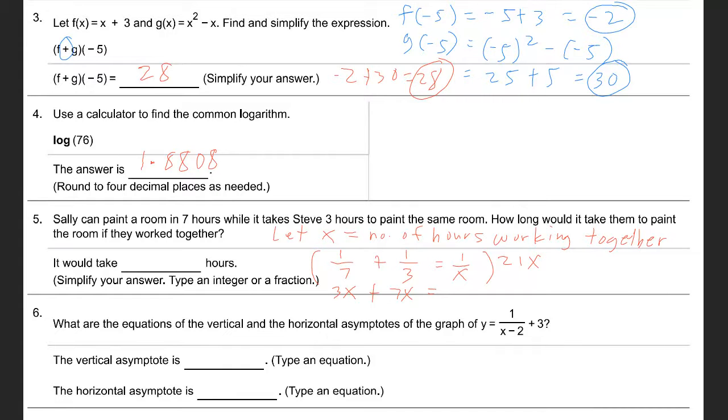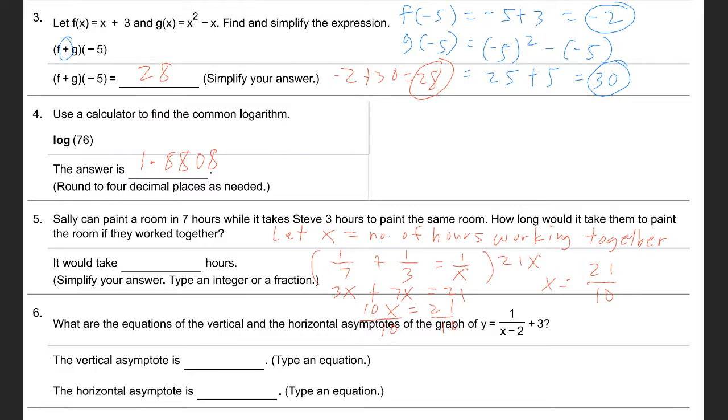The answer would be just 21. Okay, and we will get 3x plus 7x would be 10x, equals 21. So we're trying to get rid of 10 to isolate our x. So we have to divide 10 on both sides. So our x therefore is equal to 21 over 10.